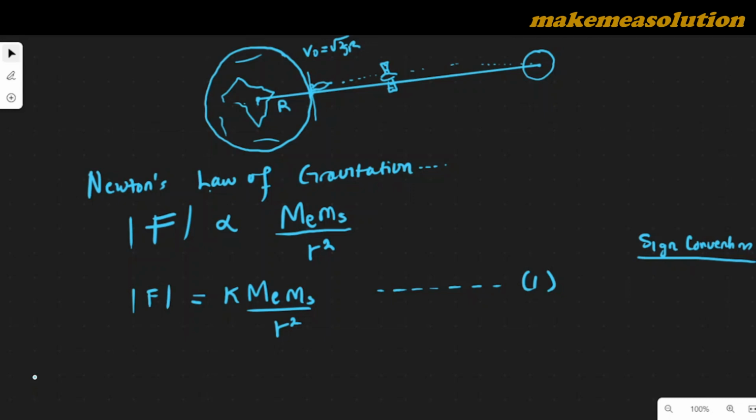Now, if the Earth attracts a body towards itself, the sign convention will be positive. So we are going to use a plus to indicate an attraction towards Earth. Then I'm going to use a minus to indicate a projection away from Earth.